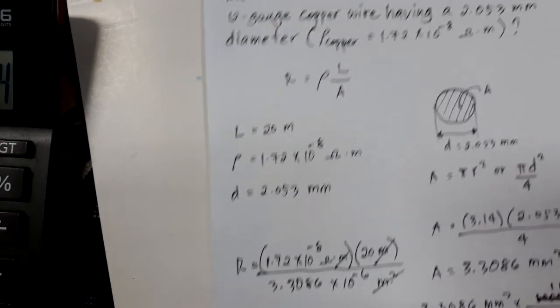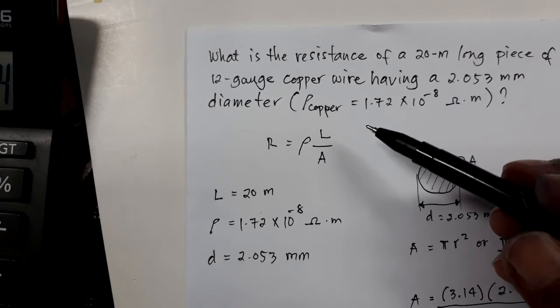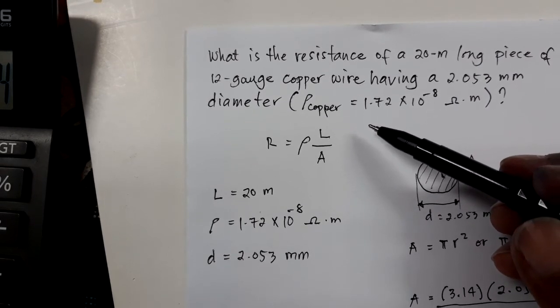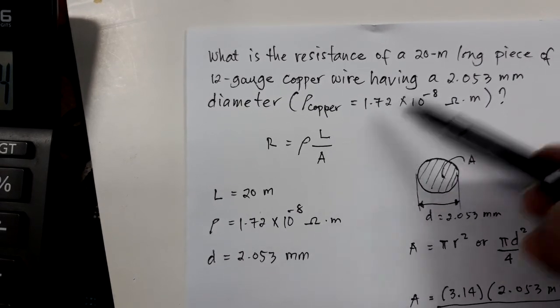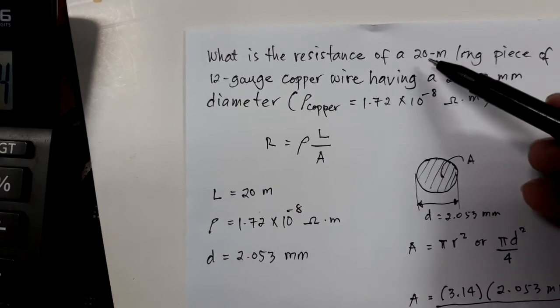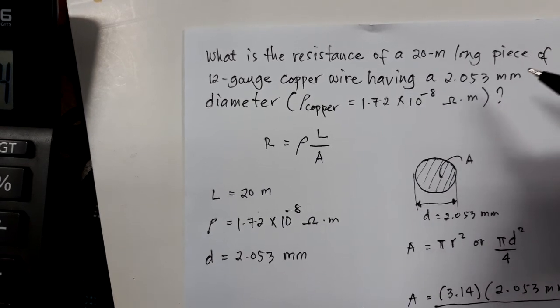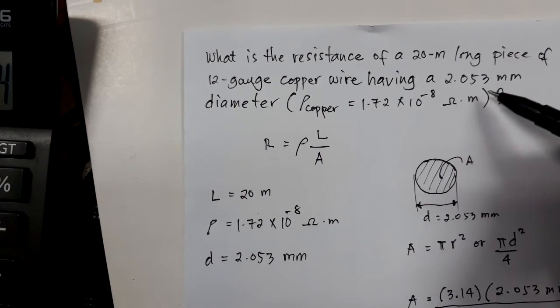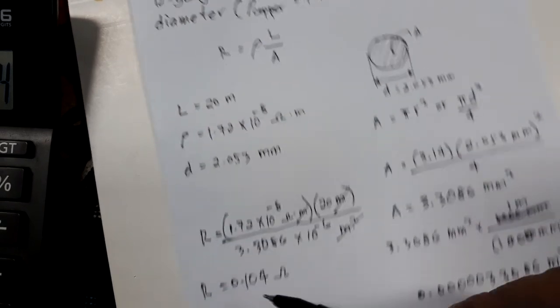So the resistance of this size 12 copper wire with a length of 20 meters and a diameter of 2.053 mm is 0.104 ohm.